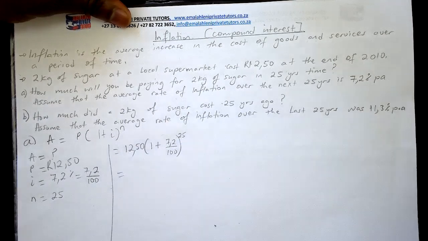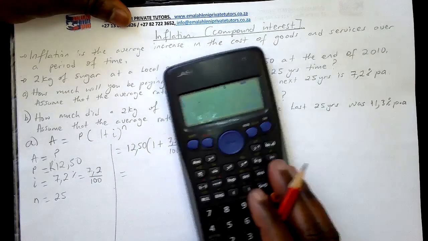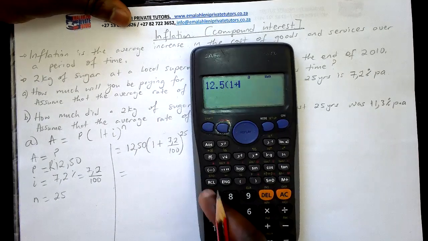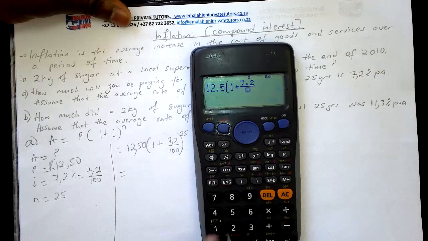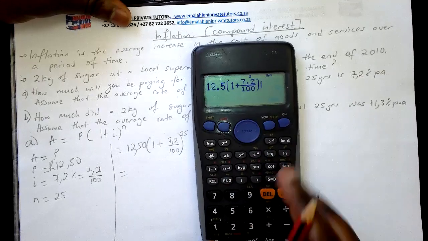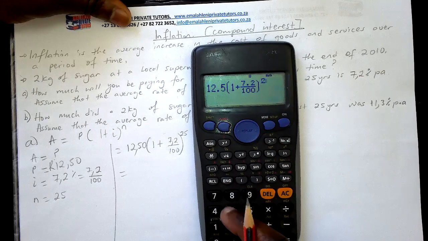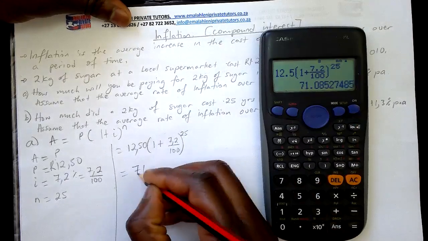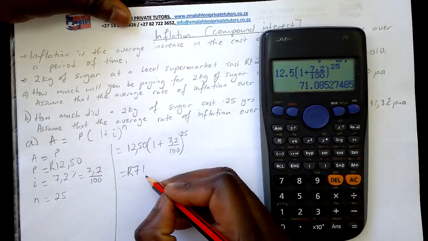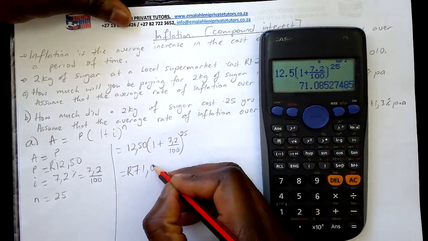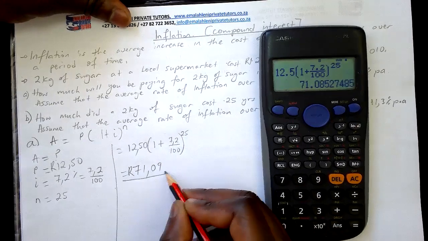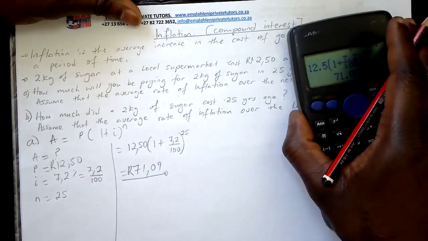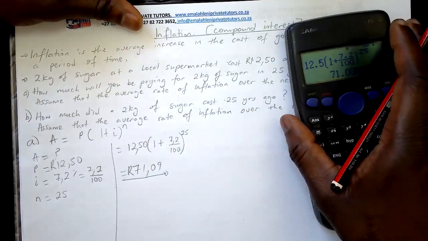Then we can punch our calculator: 12.5, then in brackets 1 plus 7.2 over 100, also in brackets, to the power of 25. What do we get there? We get 71 Rand 0.9. When you're dealing with money, you must round off to 2 decimal places. So if it's not specified, your final answer you round off to 2 decimal places.